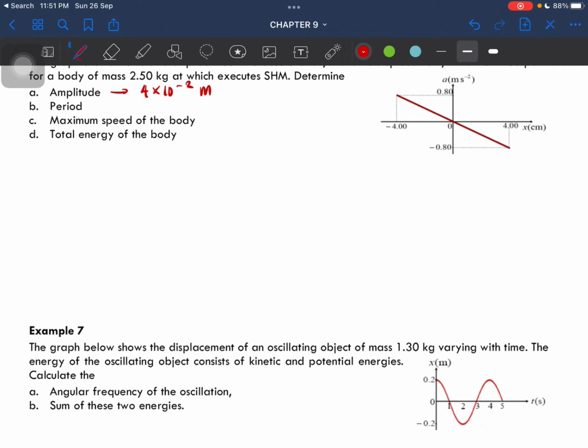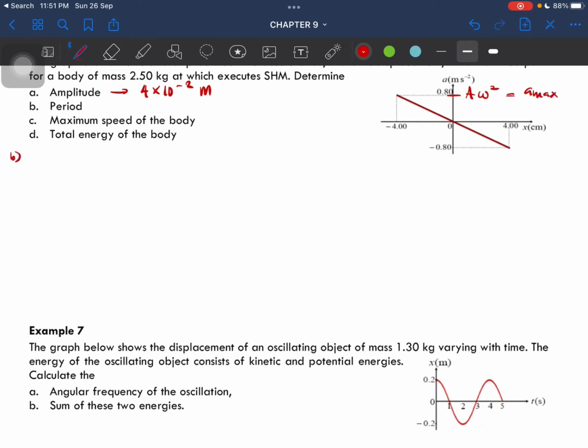Okay, so that is the amplitude, and then we have to find the period. So for the period we have to use the formula for maximum acceleration. So at this point we know that this is actually equal to A omega square. Okay, so A omega square is the maximum acceleration.